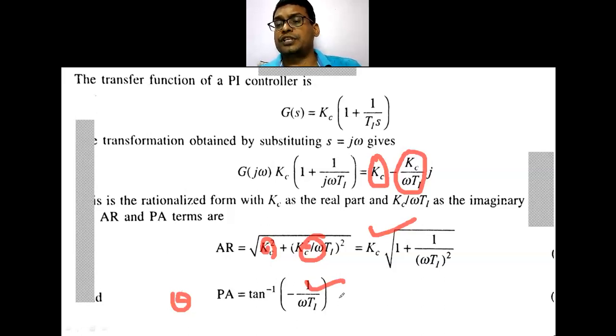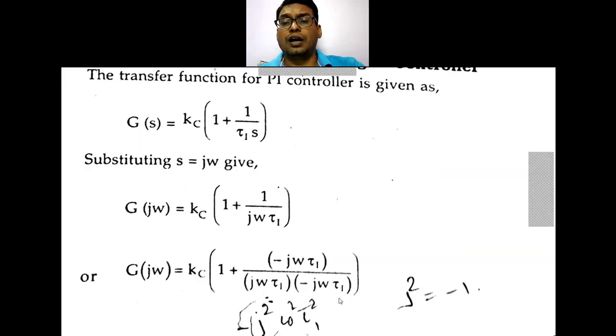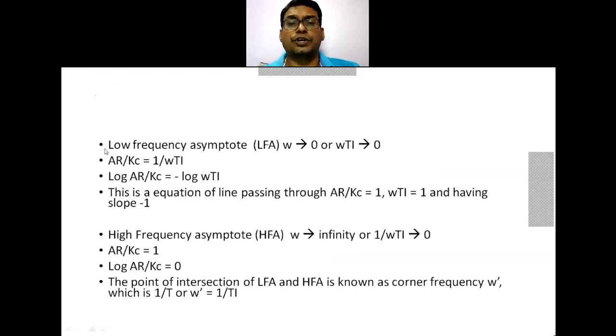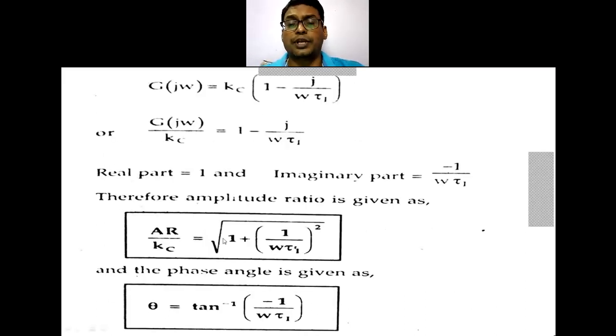Now next is plotting a graph for this. The low frequency asymptote, that is omega tends to 0 or omega tau I tends to 0. So amplitude ratio upon Kc is equal to 1 upon omega tau I. That is, the amplitude ratio is equal to the square root of 1 plus 1 upon omega tau I squared.